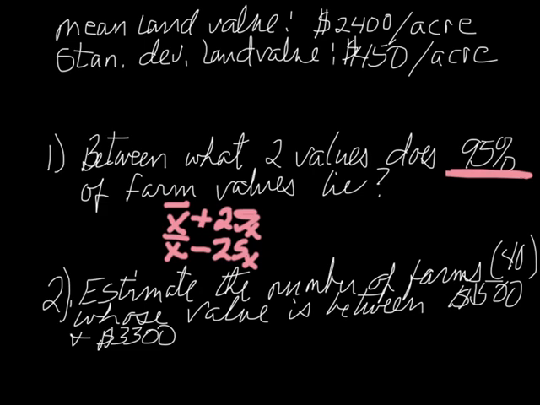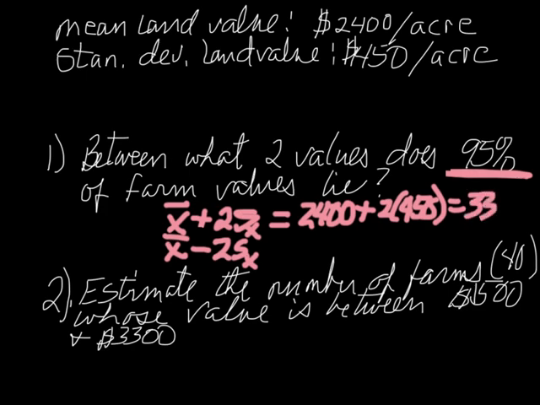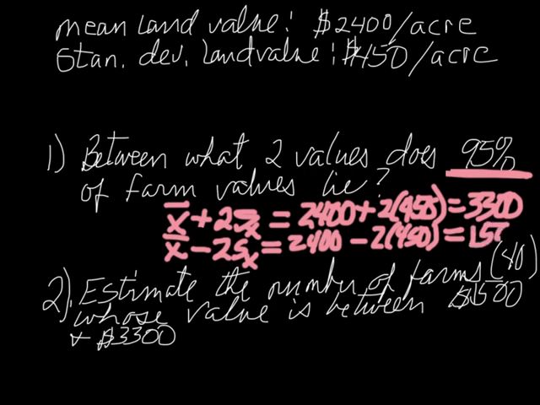So the mean is 2400, and I add 2 times 450, and that's basically 3300. And I take 2400 and subtract 2 times 450, which is 900. So 2400 minus 900 is 1500.